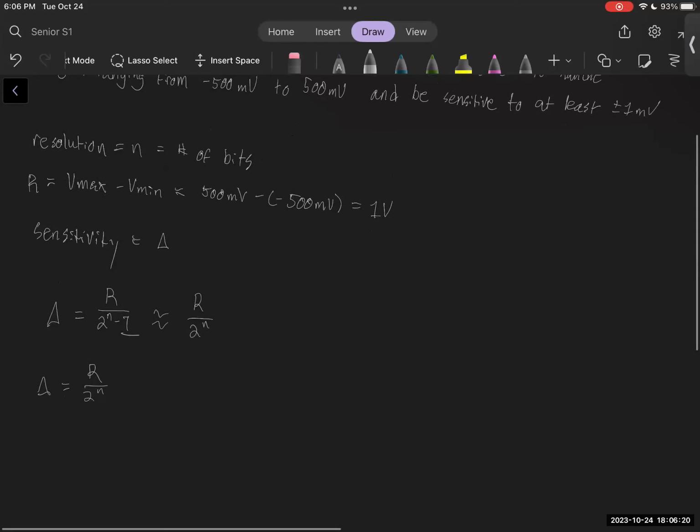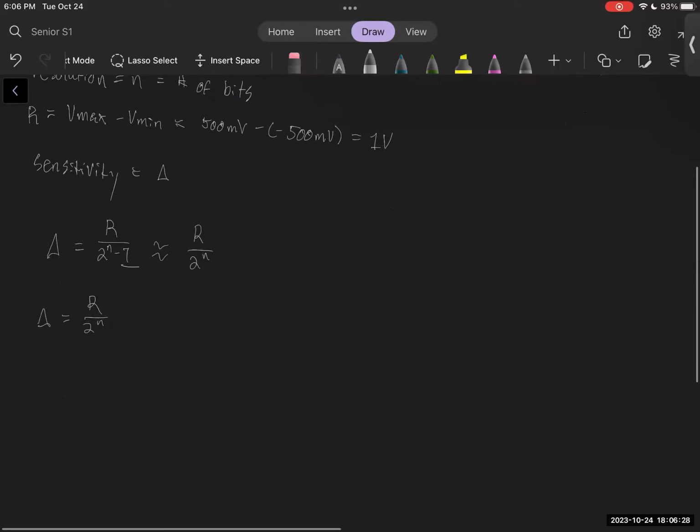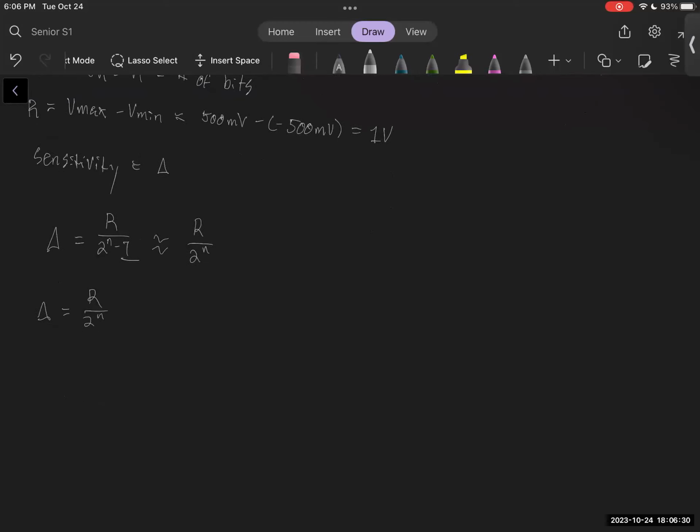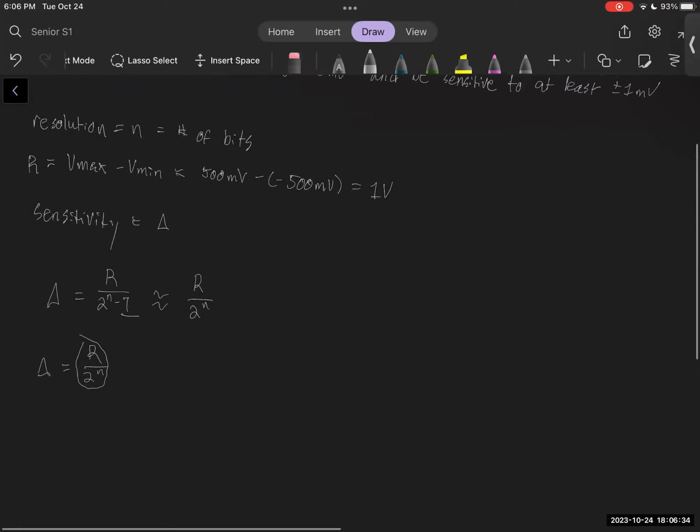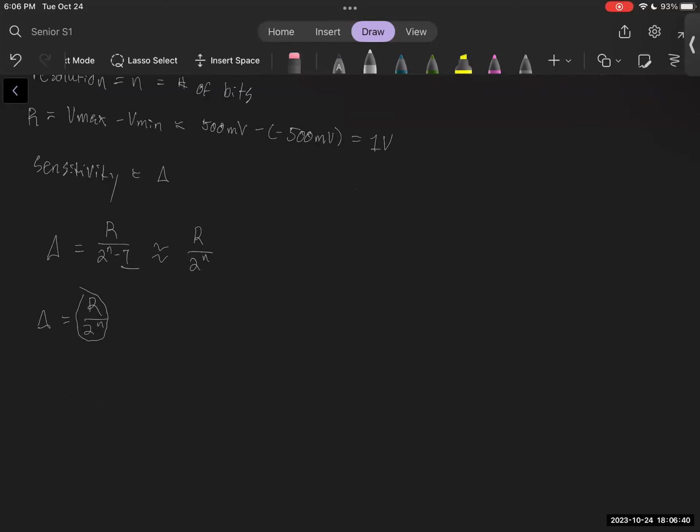We need our step size or our sensitivity to be at least plus or minus 1 millivolt, which means that our signal resolution equation, so this part of the equation here, needs to be less than or equal to 1 millivolt. So we're going to plug in 1 millivolt for our sensitivity.